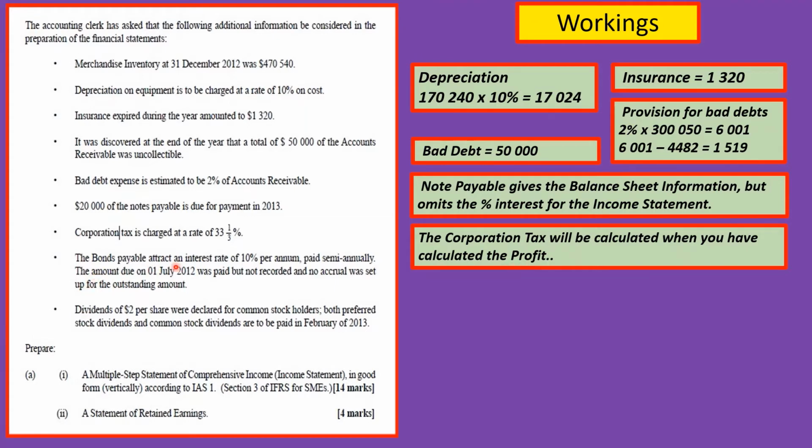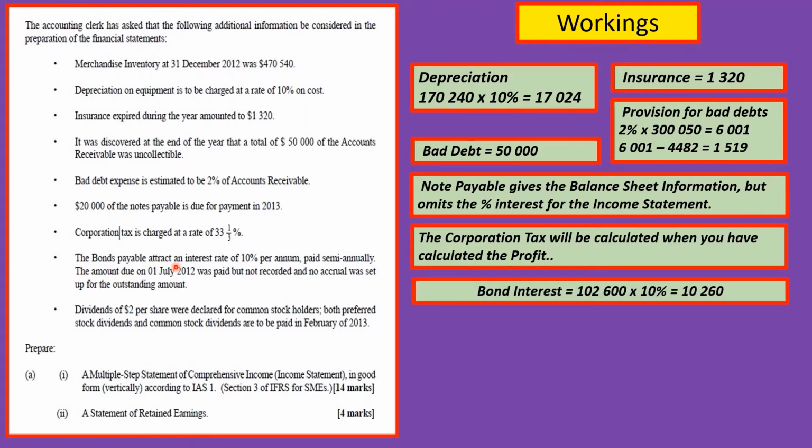So the bond interest equals 102,600 from the trial balance multiplied by 10%. What you want is one year's charge in the income statement.